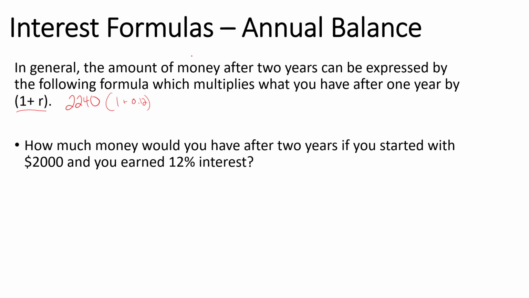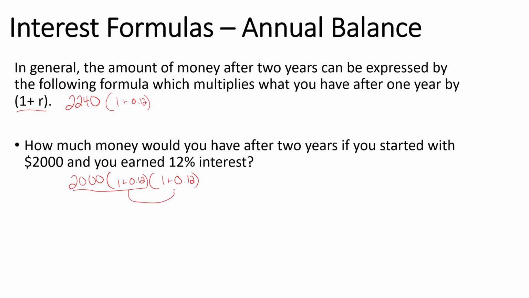So how much money would we have after 2 years if we started with 2,000? Well, that would be like us saying $2,000 times 1 plus 0.12 times 1 plus 0.12. Notice the first time I multiply it, I will get the interest after 1 year.